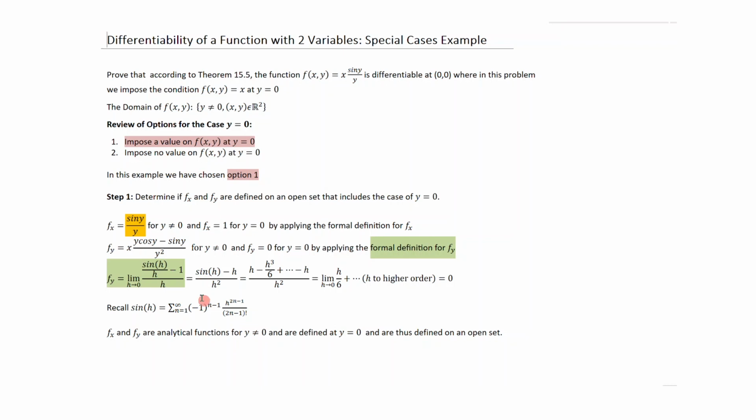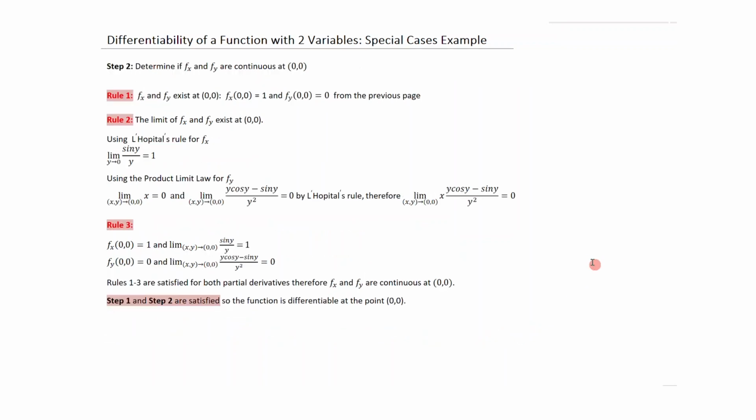If you expand this out, we can expand sin h in terms of a Taylor series, and the only term of interest, the lowest order, is h, but as h goes to 0 this term goes to 0, and hence the limit of f partial y as h goes to 0 is equal to 0. Here again is the Taylor series expansion for sin h. F and the partials fx and fy are analytical functions for y not equal to 0, and are defined at y = 0, and thus are defined on an open set. So step 1 is completed, and we move on to step 2.